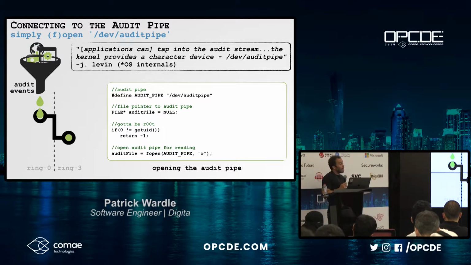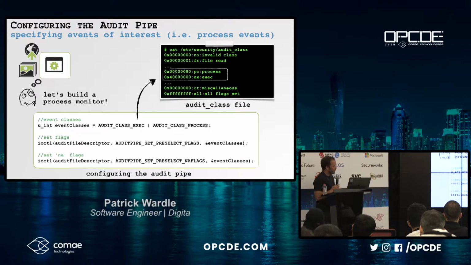I mentioned step one is to connect to the user mode OpenBSM audit pipe. In code, as root, you just call fopen on this pipe, and it's at /dev/auditpipe. As audit events are captured, they will be written out to this pipe from kernel mode. Now that we've opened this pipe, we need to specify what audit events are of interest to us. Here, for example, let's build a simple process monitor.